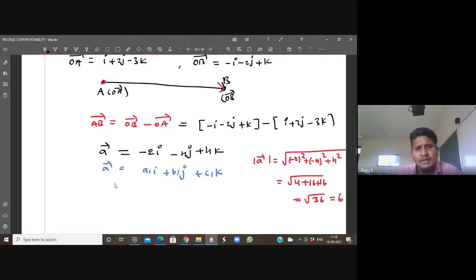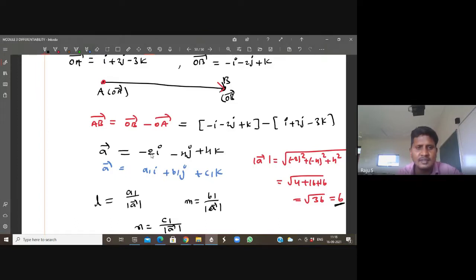Then very simple. Now when you compare here, we got a1, b1, c1. Then l is equal to a1 by magnitude of A vector, m is equal to b1 by magnitude of A vector, and n is equal to c1 by magnitude of A vector. Just substitute here.